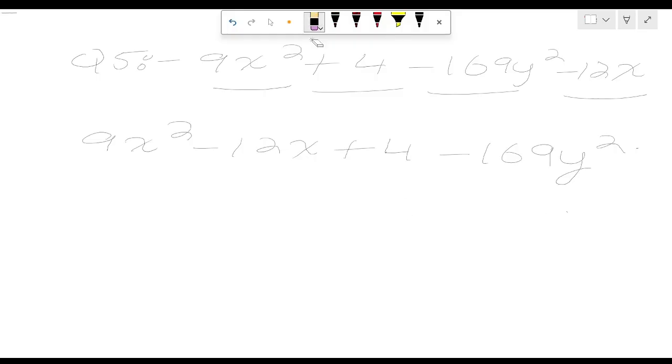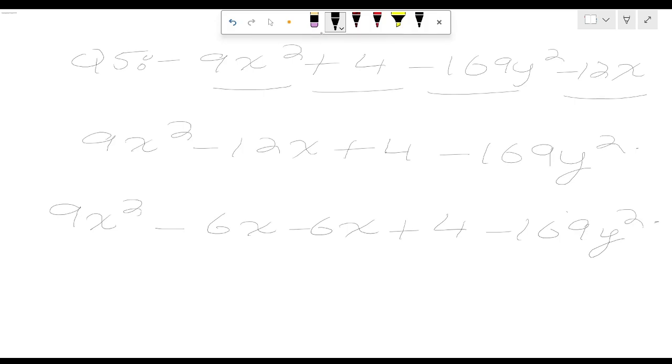So I'll apply that to our quadratic expression: 9x² − 6x − 6x + 4 − 169y². The 169y² here will not be changed, it will remain the same.